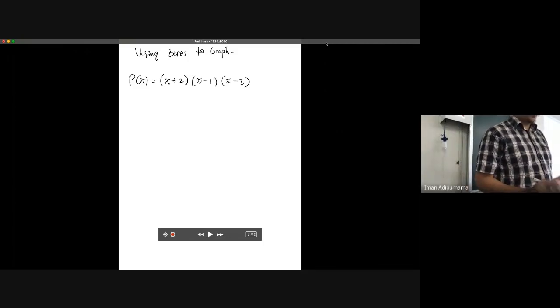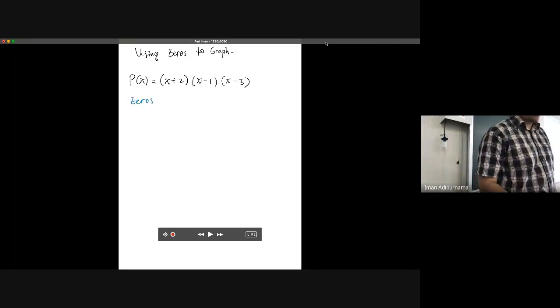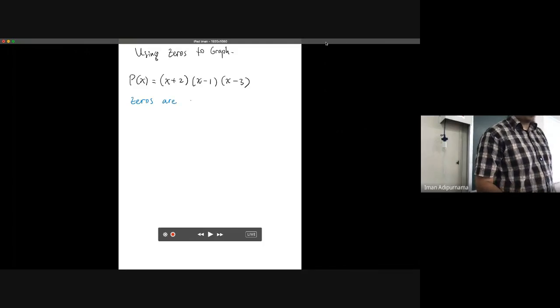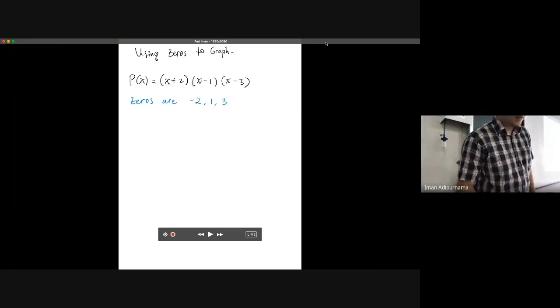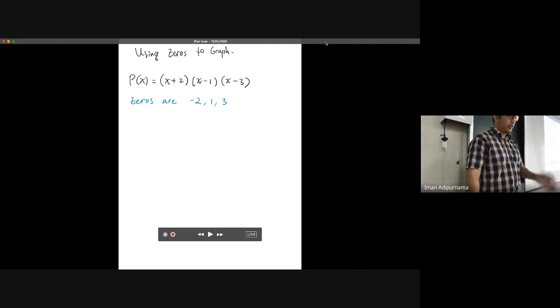The solution, you can write x equal -2 and so on, or you can write zeros are -2, 1, 3. This is acceptable. You can write like this, or you can write x equal -2, x equal 1, x equal 3. It's the same.